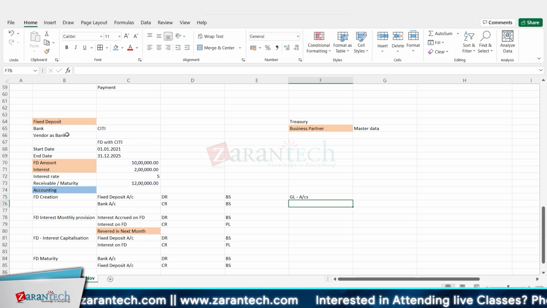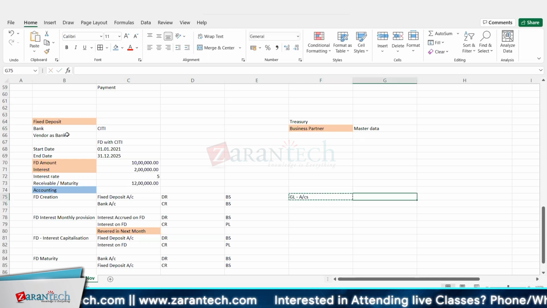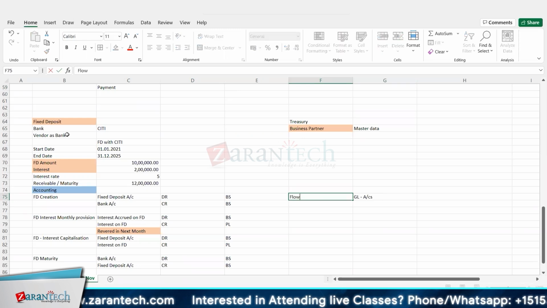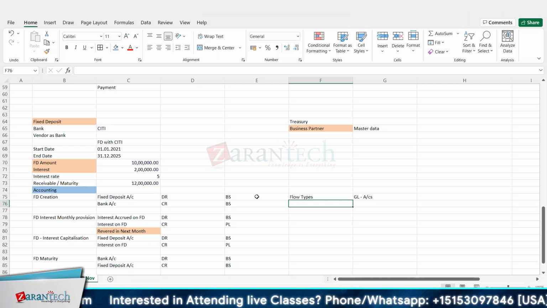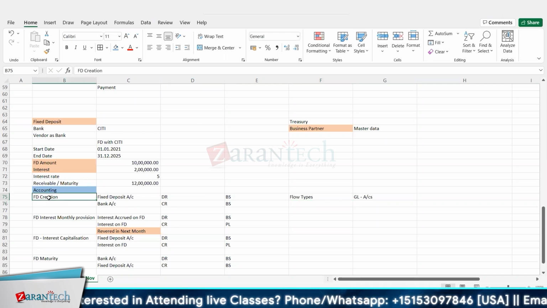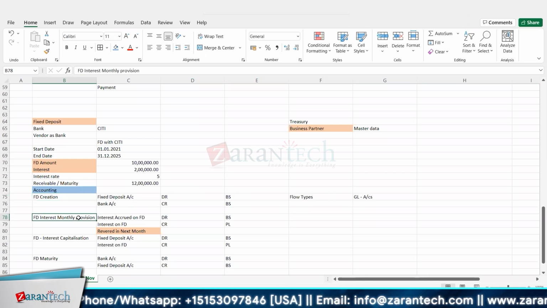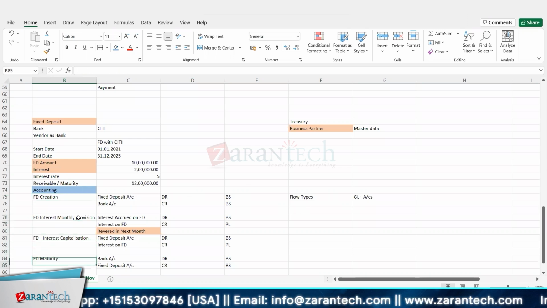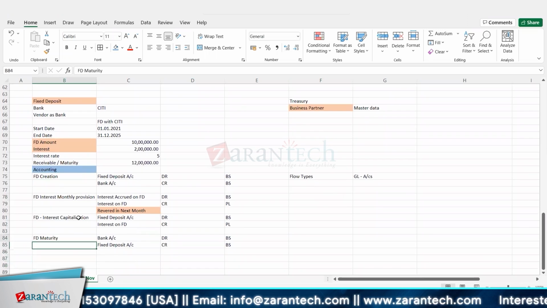GL account is part of finance, but these are called flow types, like fixed deposit creation. So in the treasury module, there will be a flow type which will generate this accounting entry. Likewise, there will be different flow types for fixed deposit interest provision, interest capitalization, and FD maturity.